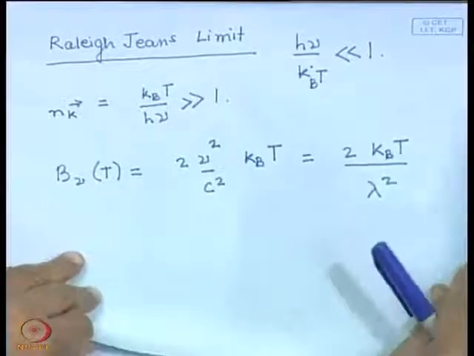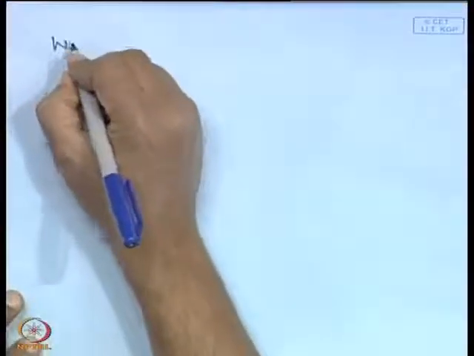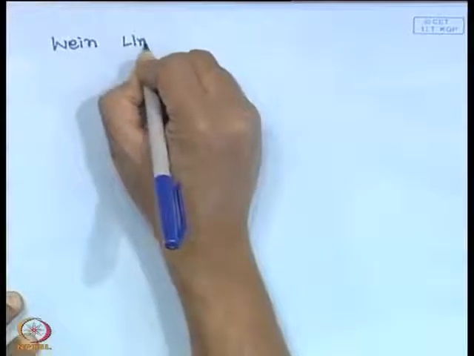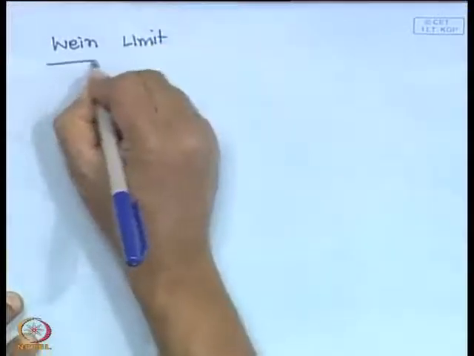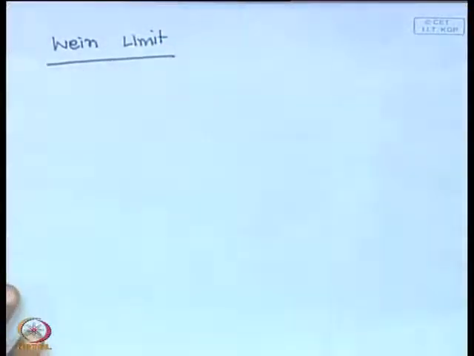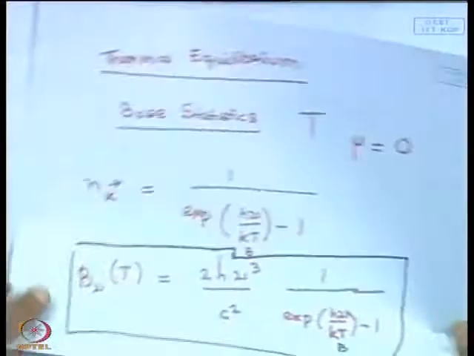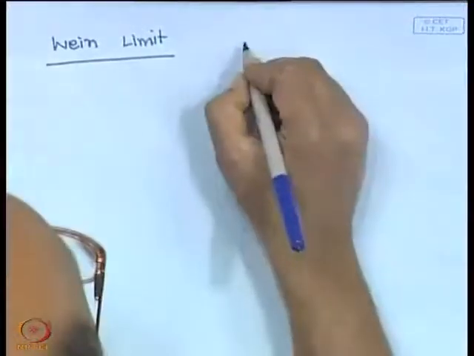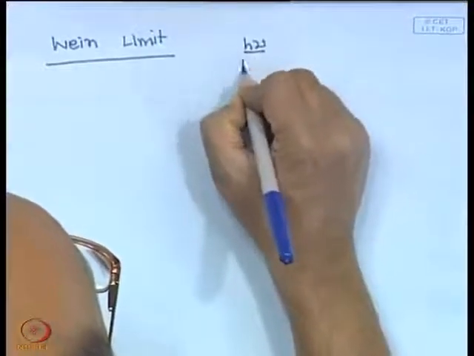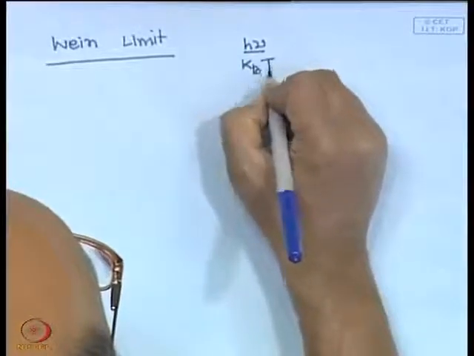Now, there is the other limit, that is the Wien limit, or the Wien spectrum, and here it is assumed that h nu by kB T is much greater than 1.